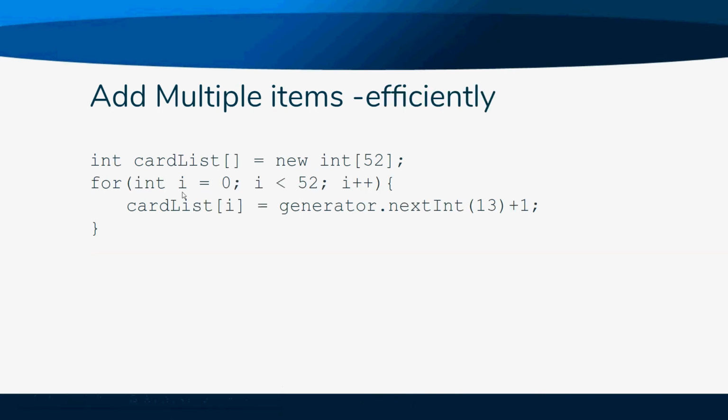Instead, I'm going to say for i equals 0, i is less than 52, i plus plus. And I'm going to put i in these square brackets so it will initialize and set all 52 cards equal to a random number. Yes, for a card deck, this is probably not the most ideal way because we might have more than like 7 aces in this particular card deck, but you get the idea that you can use a for loop to iterate through your list.